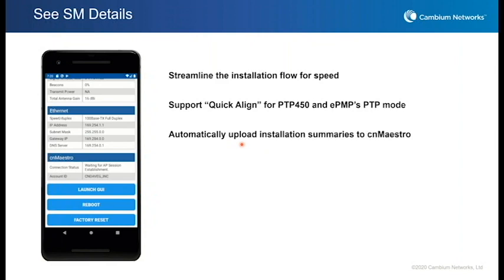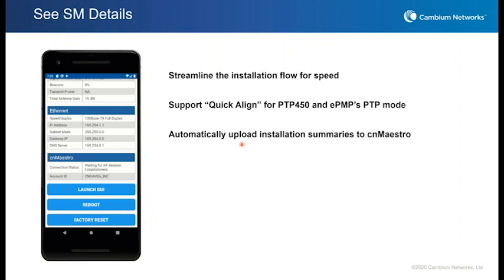Once you add this feature where the app will automatically upload the installation summary to cnMaestro, then the administrator or the operations manager will have a much better view of the installations in their network, with actual data from the radio, than what they have now.